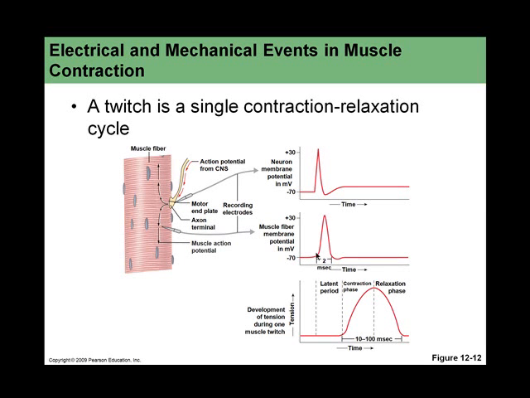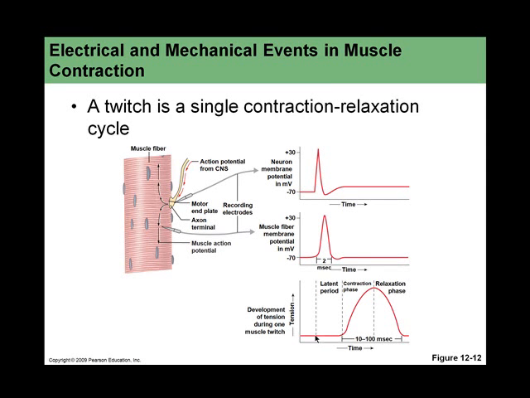And we can see that the action potential on the membrane of the myofiber is indicated here on our time scale. The first evidence of the positive deflection, the depolarization, is shown here, and that corresponds to the peak of the action potential in the axon terminal.